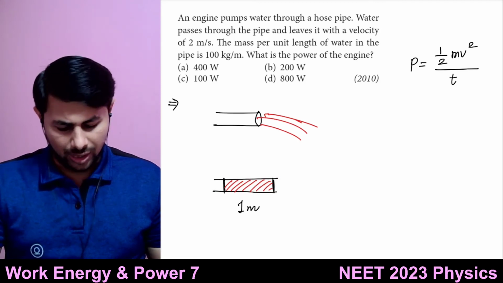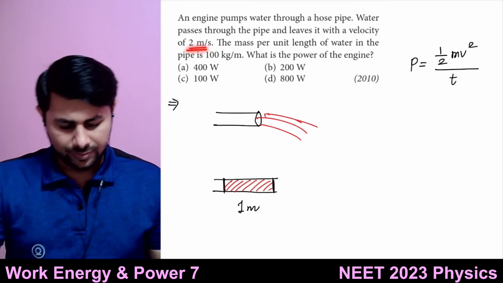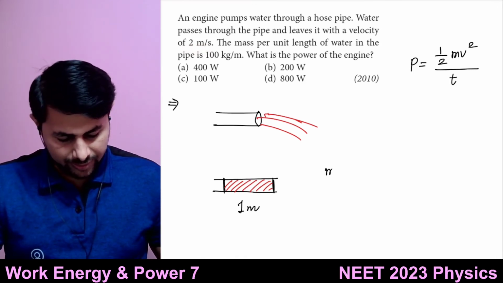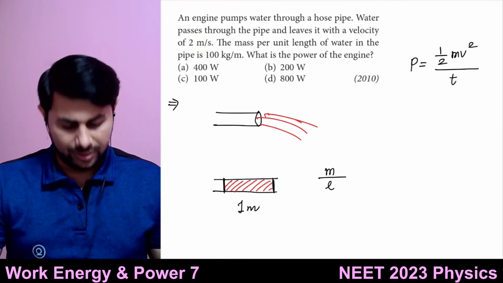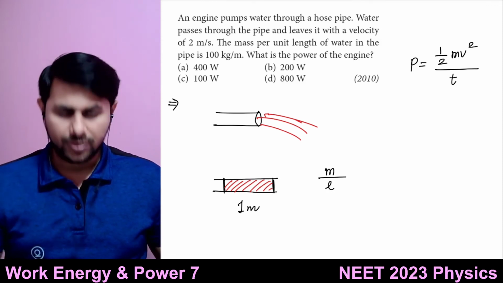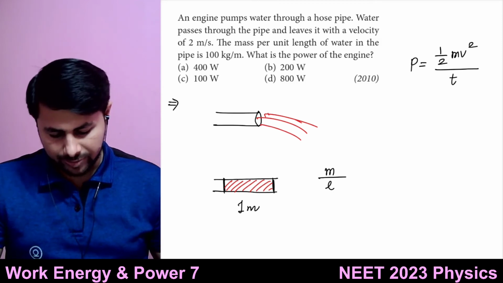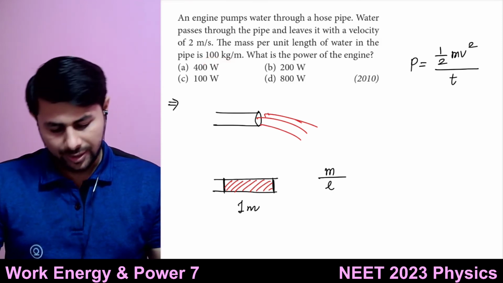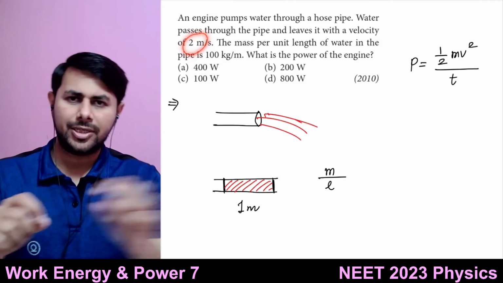So how much is the velocity? M upon L, mass per unit length, is given, right? So per 1 meter, how much mass is there? 100 kg. And how much is the velocity? It is 2 meters per second.